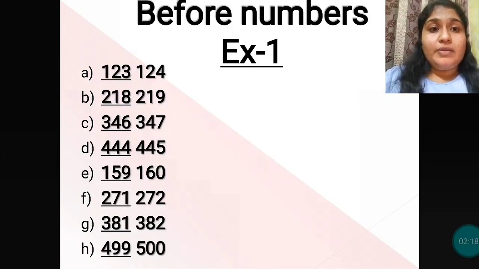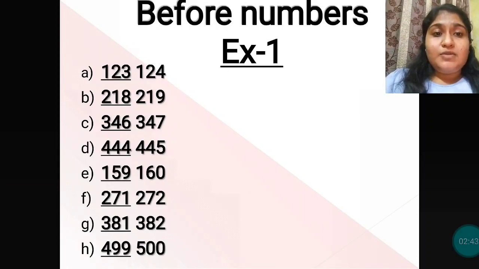So what will be the before number of this? 346. Fourth, 445. So what is the before number? 445 से पहले क्या आता है? 444. Fifth, 160. 160 से पहले क्या आता है? 159.